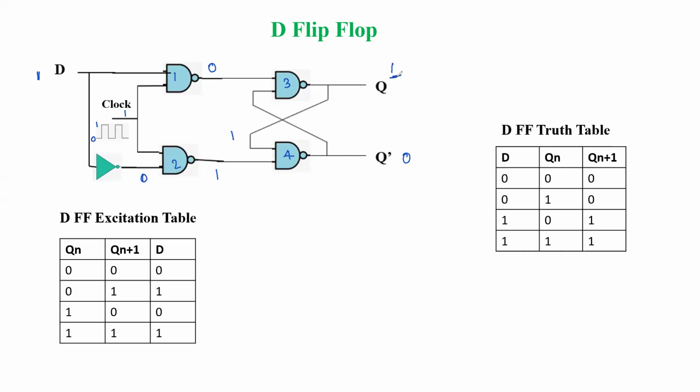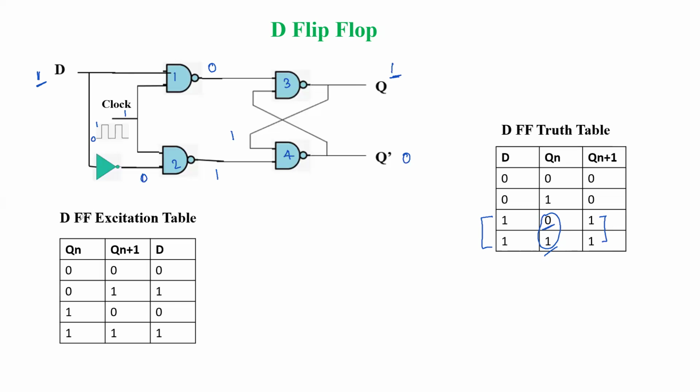So Q is the same as the input we gave just a few instants before, that is D equal to 1. Whenever D is 1, the next state is also 1. Whatever the value, whether Qn is 0 or 1, whether the present state is 0 or 1, if D is given as 1, then the next state will be 1 only.